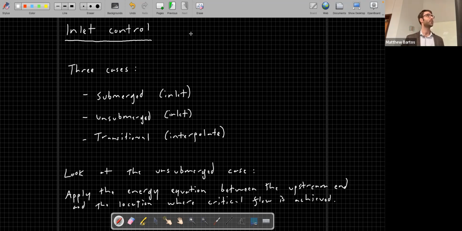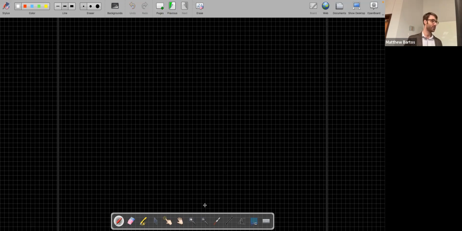All right. Awesome. Okay, let's go through with this procedure. I'm going to draw out our culvert again, and we're going to look at how we can apply the energy equation to analyze the hydraulics of the culvert under inlet control. Okay, so let me draw out my culvert again. Oops, let me draw that a little better. Okay, so here's our ground surface. I'm going to draw our culvert in again.